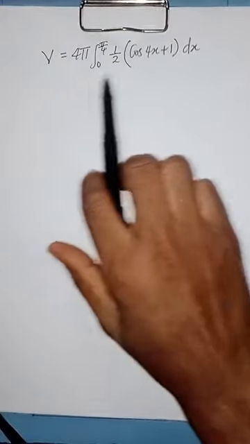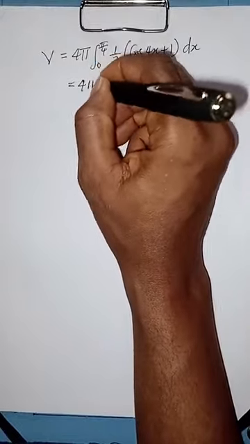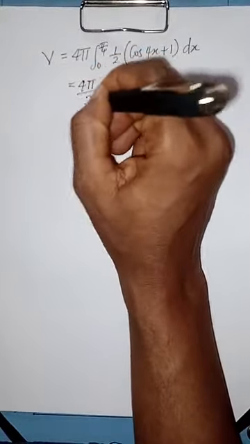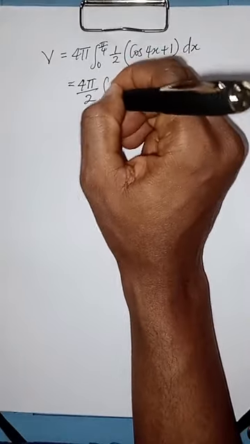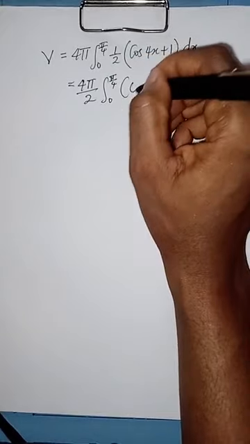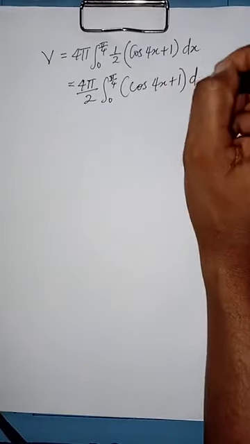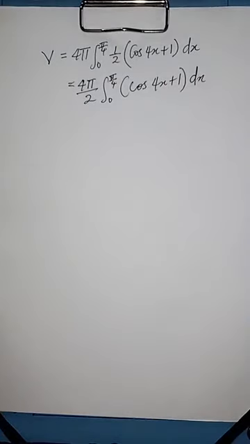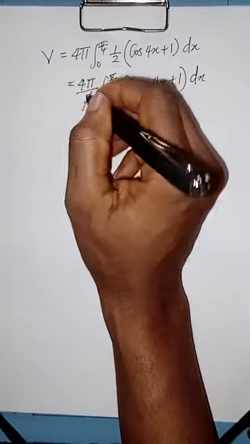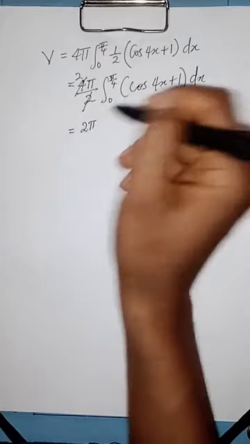Okay, I have to write this out. Let's make it a little bit simpler to understand. The half will come out so that I can successfully integrate whatever I have here, cos 4x plus 1 dx. So it's time to integrate. Before then, this will cancel out, so I'm left with 2 pi.